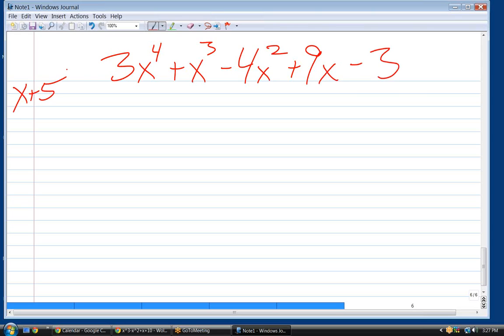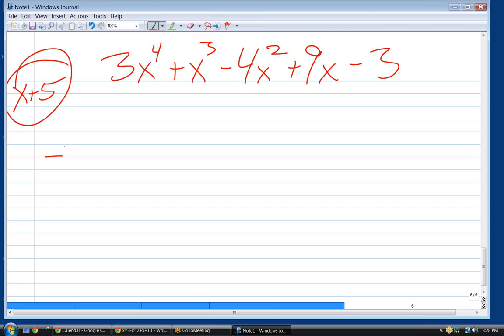Okay. What are we going to get when we divide that? Assuming this is a solution, you're going to get a cubic. Exactly. So we're still not going to be able to solve it very easily, but we can see if this is a solution.